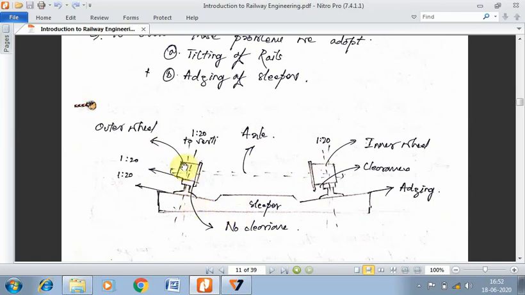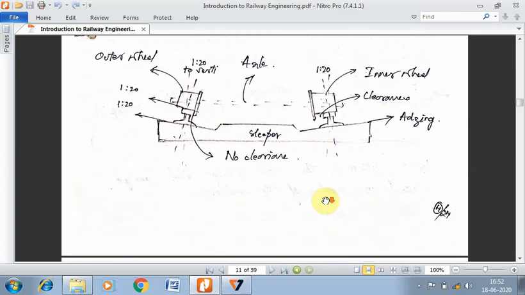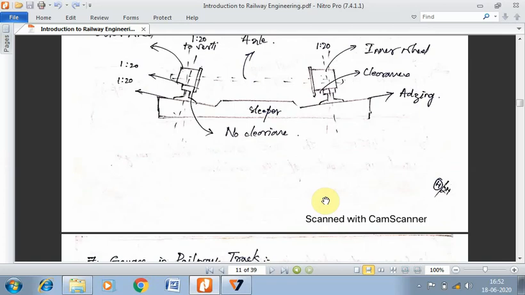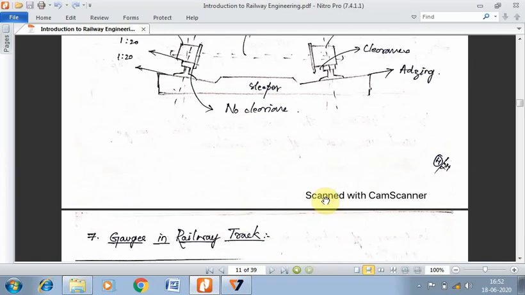You can see there is a coning of 1 in 20 being provided for the wheel. The rail is tilted to 1 in 20, and the adzing of sleeper also is being given a slope of 1 in 20. So this is all about coning of wheel. I think I'll continue with the next part in the next video.